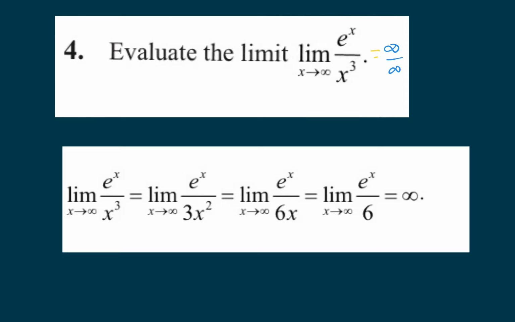But if I keep doing L'Hopital's rule again and again, I will find the limit when x goes to infinity of e to the x divided by 6. When x goes to infinity, e to the x goes to infinity, and 1/6 of something that goes to infinity is infinity. So this limit is infinity.